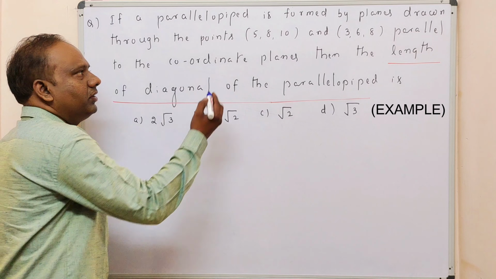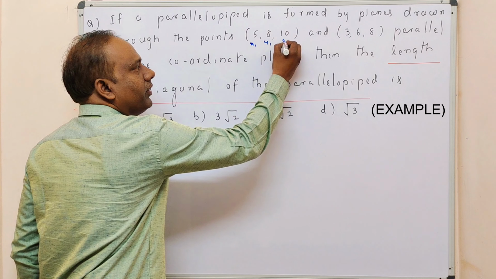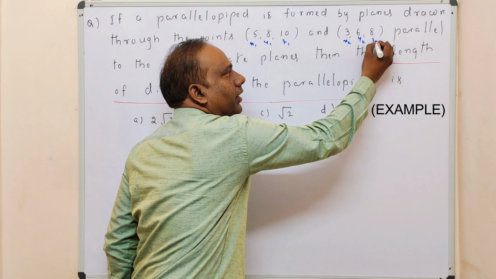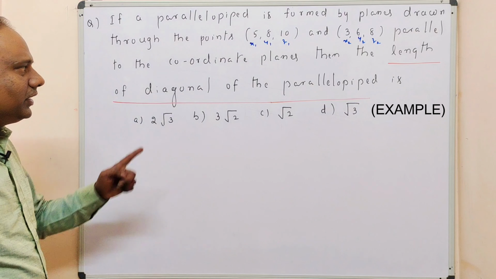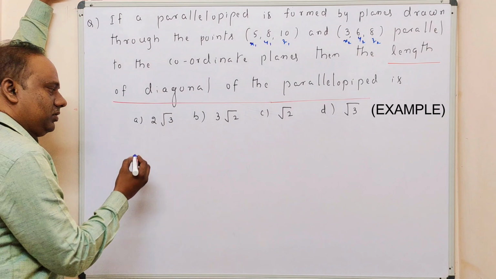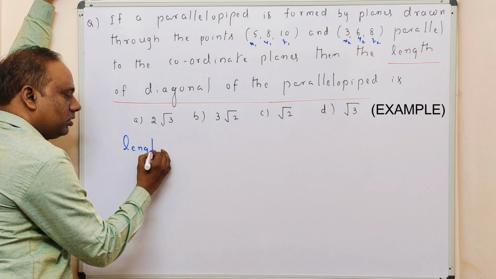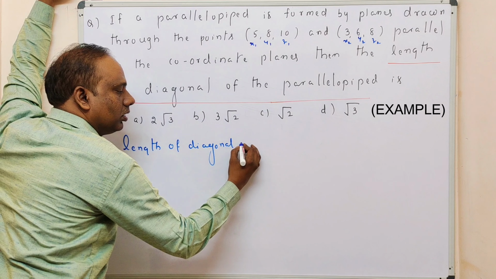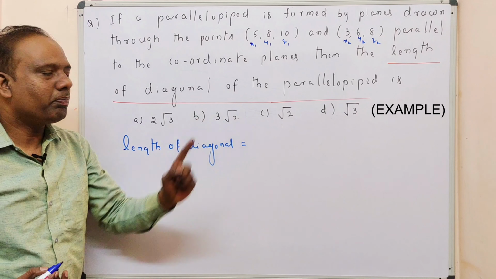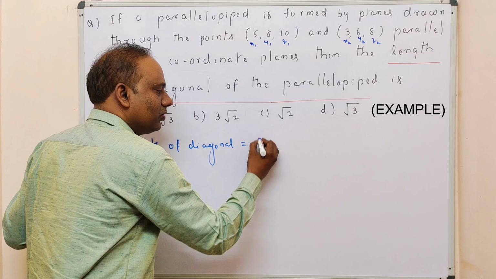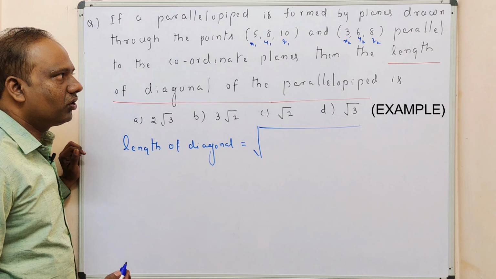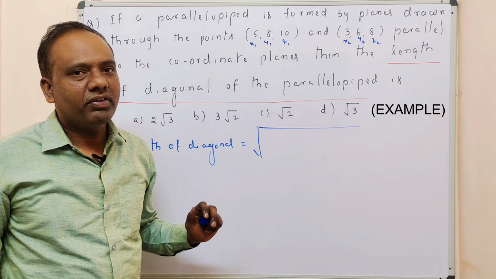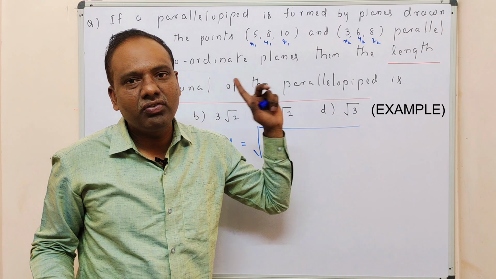So this one is x1, y1 and z1, and this is x2, y2 and z2. Okay, so directly the length of the diagonal of the parallelepiped is equal to the square root of (x2 minus x1) whole square plus (y2 minus y1) whole square plus (z2 minus z1) whole square.